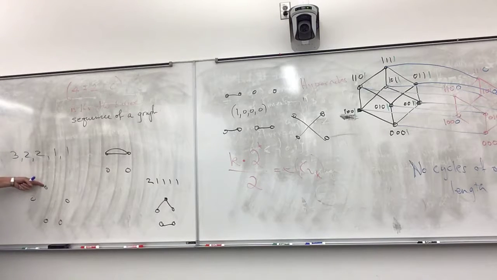So if this vertex has degree 4, then the only vertices it could be adjacent to would be those 4 vertices. But then we look at the rest of the elements in this set, and we have a 0. Oh, wait a second. All of these vertices already have degree at least 1. Okay, so this is not the degree sequence of a graph.